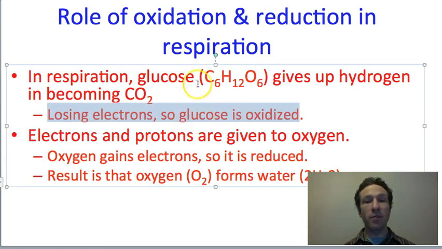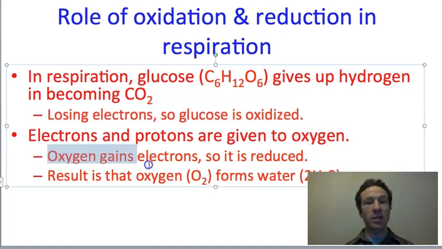Those electrons that are pulled off of glucose eventually are going to be given to oxygen in the process of respiration. This means that oxygen is going to be gaining electrons, and gain of electrons is reduction. So the oxygen will be reduced. And when this oxygen gains electrons, then it will also pick up some protons from the water.